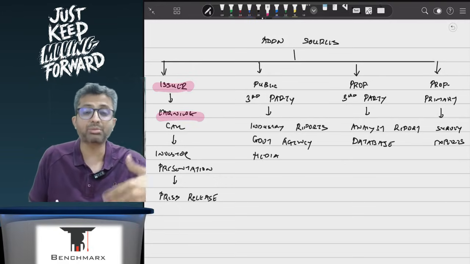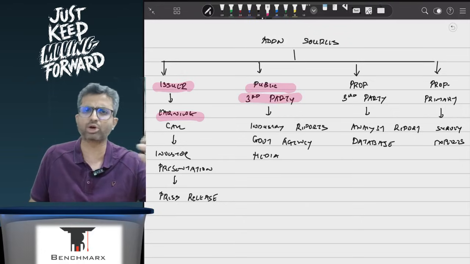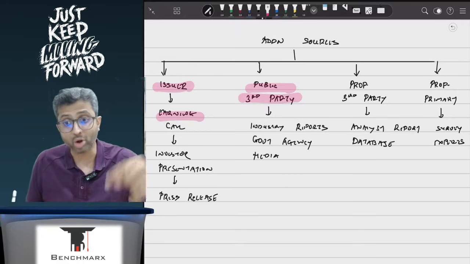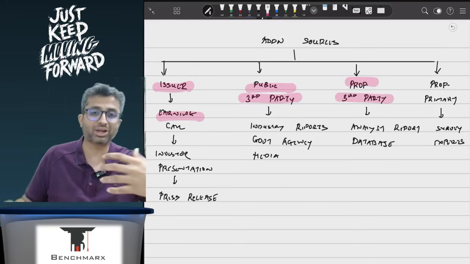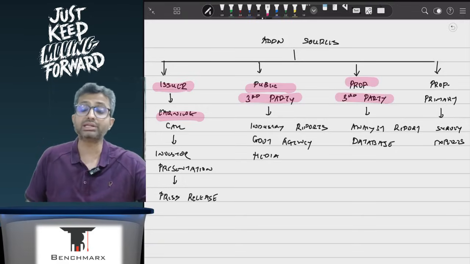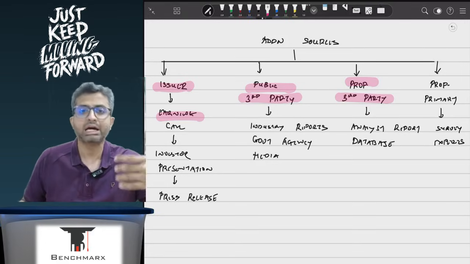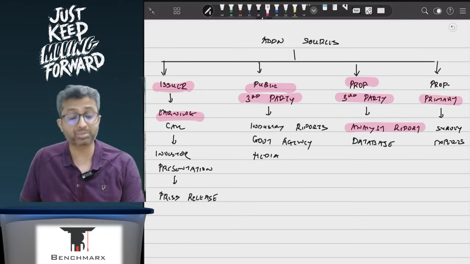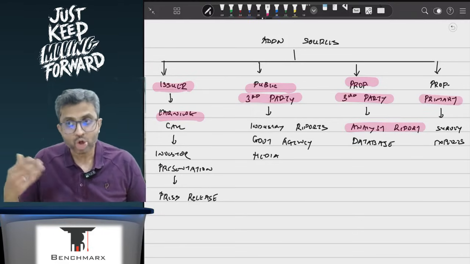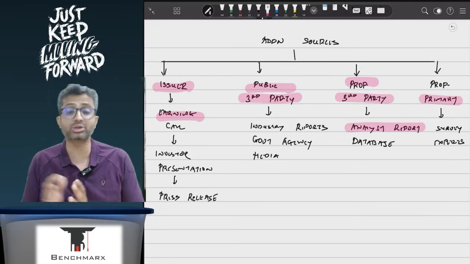Other than that, there can be public third-party research, so you can take industry reports and government reports for a better understanding, or proprietary third-party research, where you can recruit a particular research agency who does research exclusively for you. So that is proprietary research, or analyst reports or databases, or proprietary primary, that is, you can yourself go out and take surveys to understand better. So all of these can be additional sources of information.